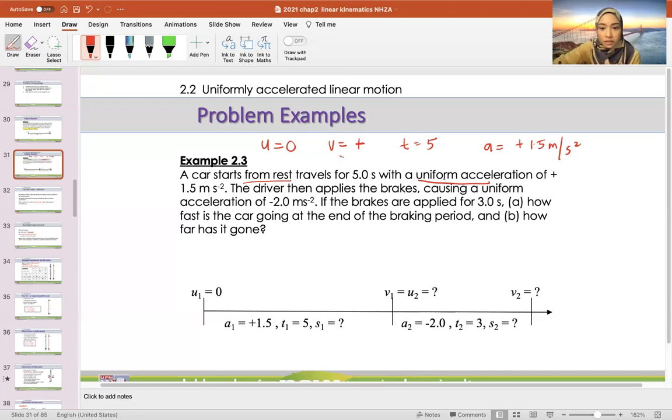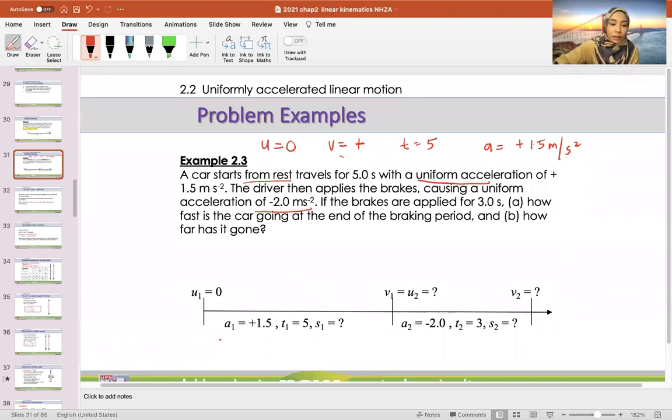Okay, a car starts from rest. Okay, blah blah. The driver then applies the brakes, causing a uniform acceleration of minus 2 meter per second squared. So at first they start with u1 equals 0. The first acceleration is positive 1.5 and the time is 5 seconds, and we don't know how far the car travels during these 5 seconds.